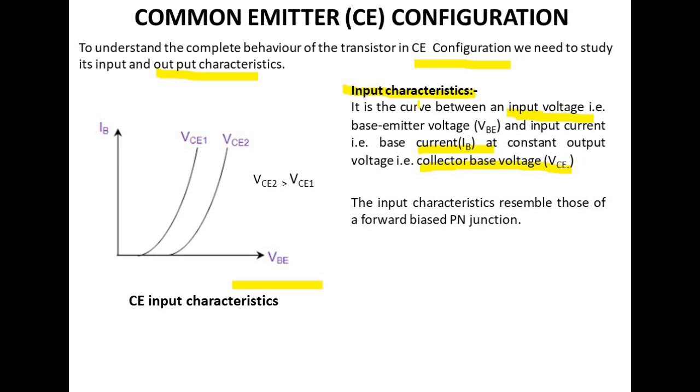So input characteristics are the curve between VBE and IB with VCE as constant. Here we see that the input characteristics resemble those of a forward bias PN junction.